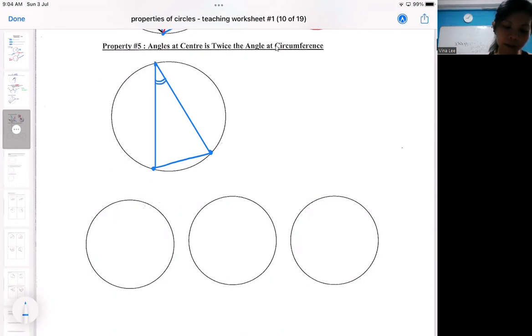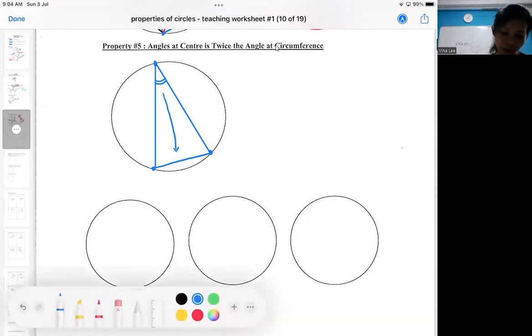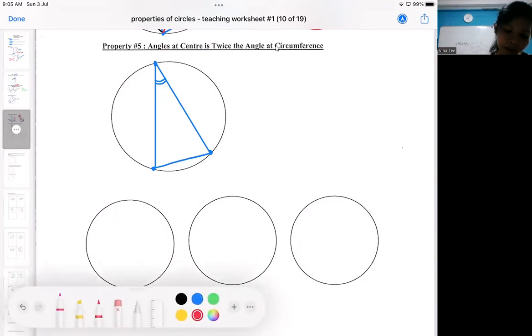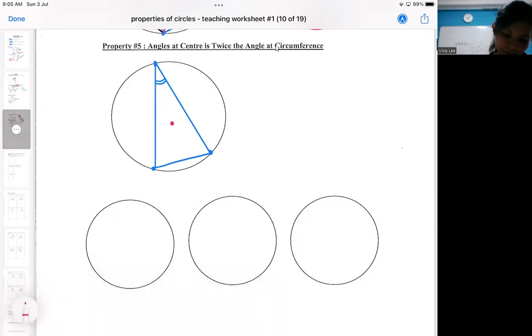So this chord is sitting on the circumference. Sorry, this angle is sitting on the circumference, and it is facing this chord. Okay, so with the same chord, I can create another angle that is at the center.